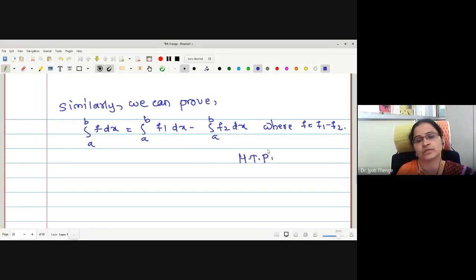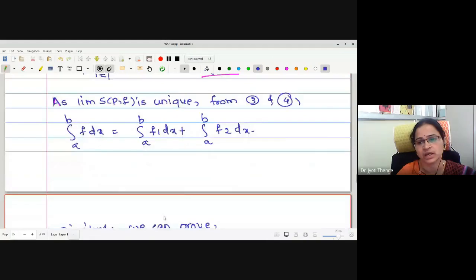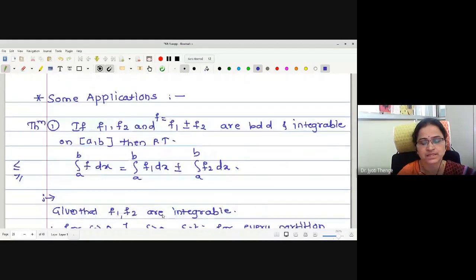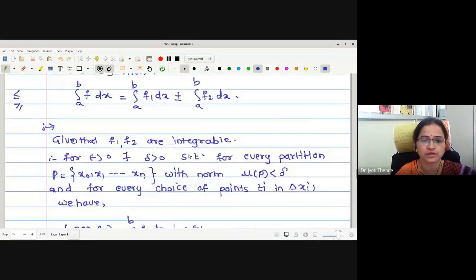We want to prove the same thing: integration f is integration f1 plus minus integration f2 for f equal to f1 plus minus f2. Any doubt with the proof?